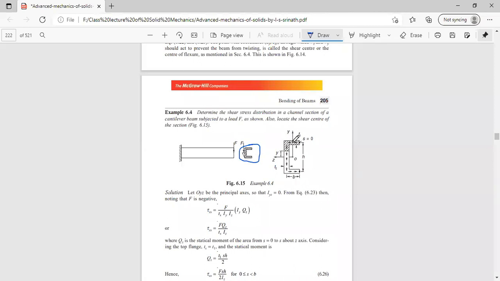Now, if the cross section is magnified and put here, what we will see is that there are the principal axes Oy, Oz, and the principal axis Ox is acting normal to the plane of the paper.